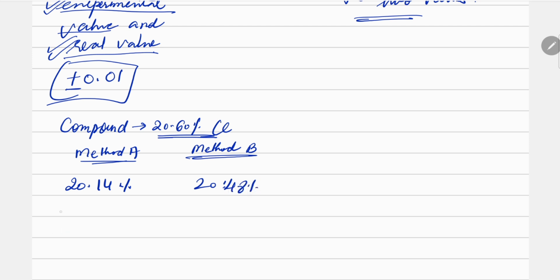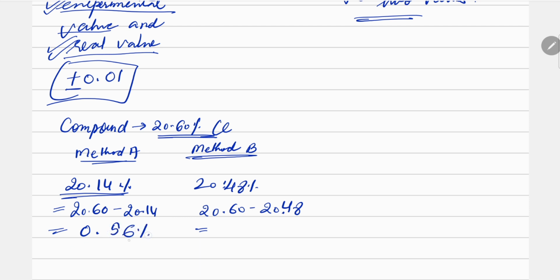When we take the difference between these, 20.60, which is the real value, minus what we got from the experiments, 20.14, and over here 20.60 minus 20.48, we get two values: 0.46 difference in the first, and 0.12 difference in the second.